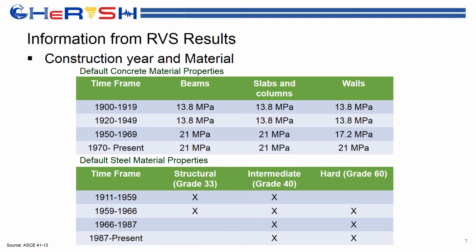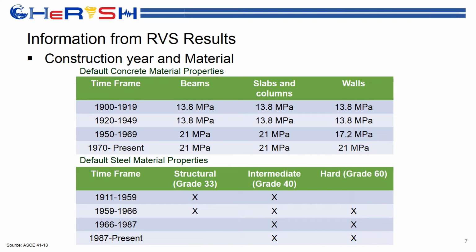Similarly, we also have the steel material properties, and the reinforcing steel from the development of this type of materials used for reinforced concrete. For example, from 1911 to 1959, that was the time grade 33 was introduced.